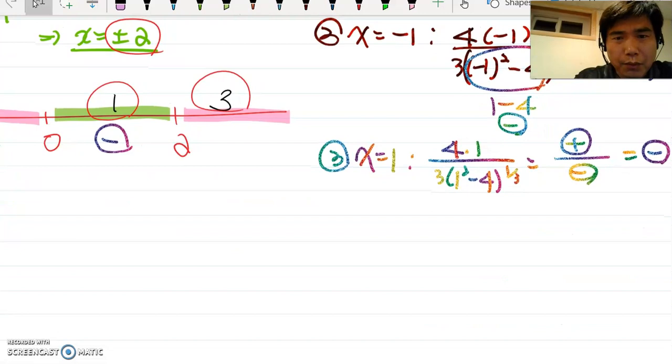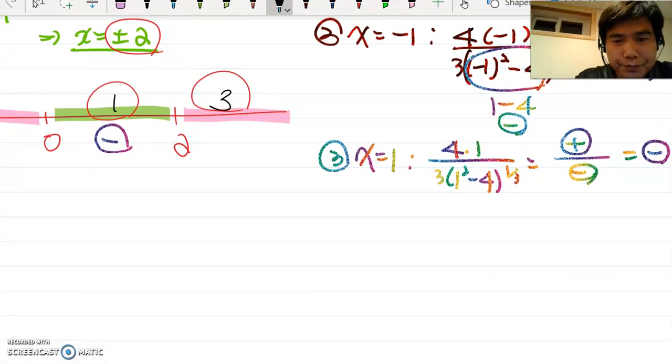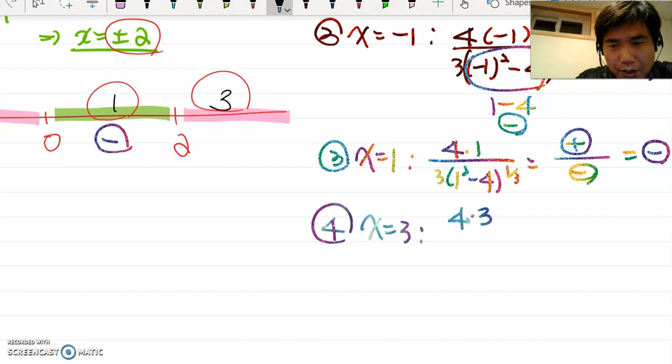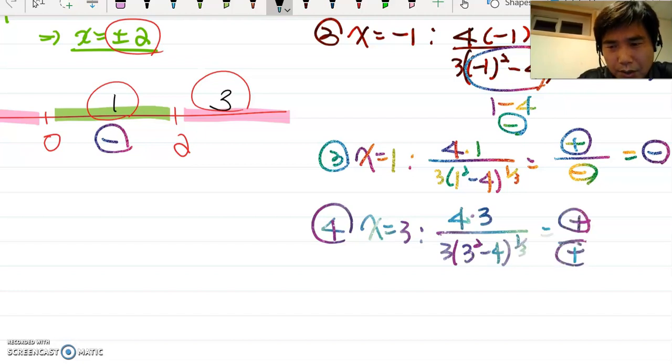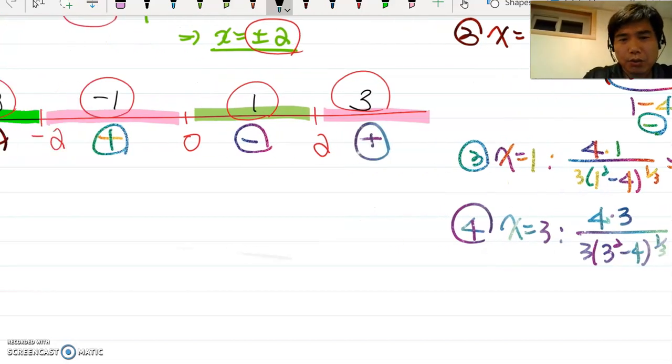And number 4, x equals 3, then 4 times 3 over 3 times (3 squared minus 4) to the 1/3, then this is positive over positive, so it equals positive. Okay, now let's go back here.